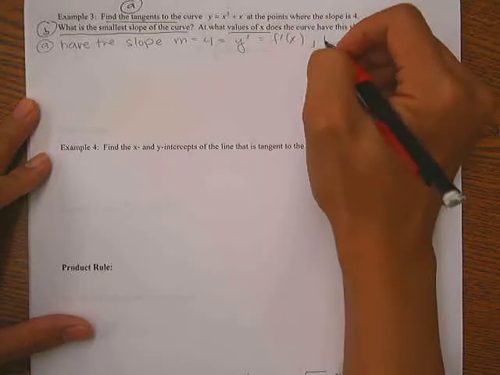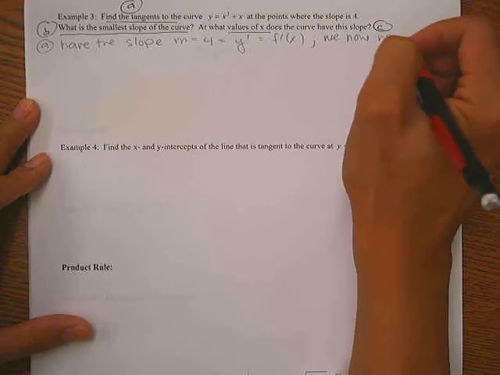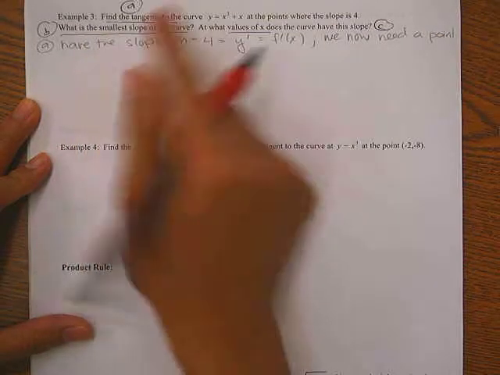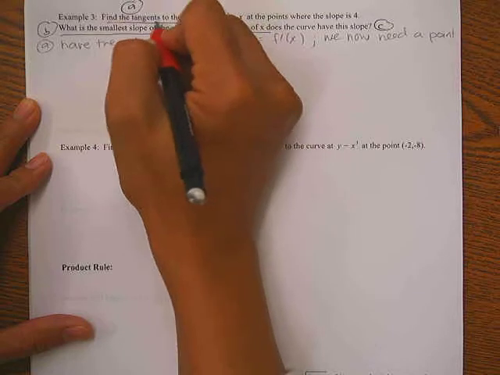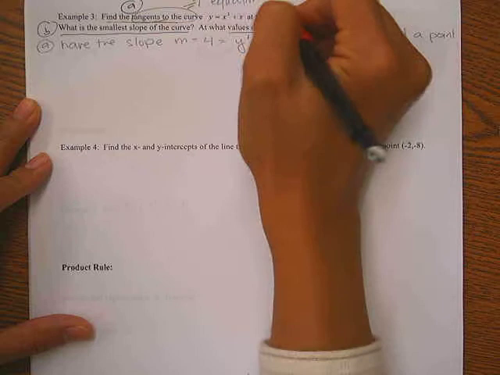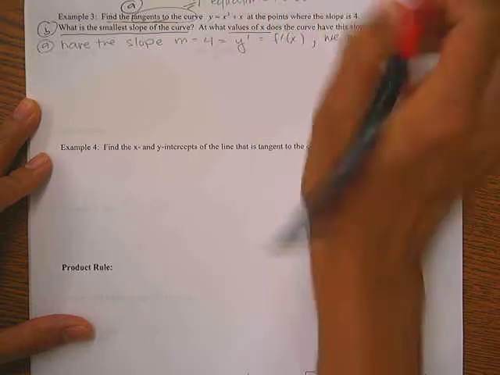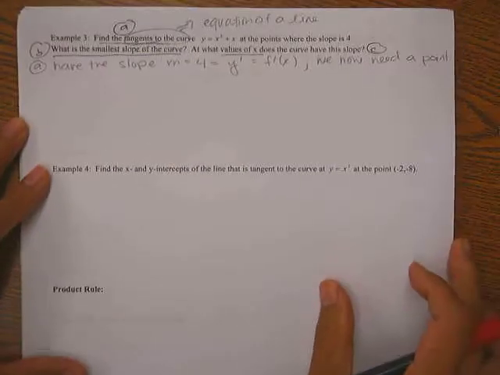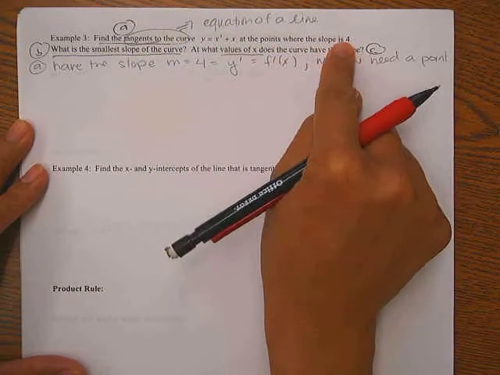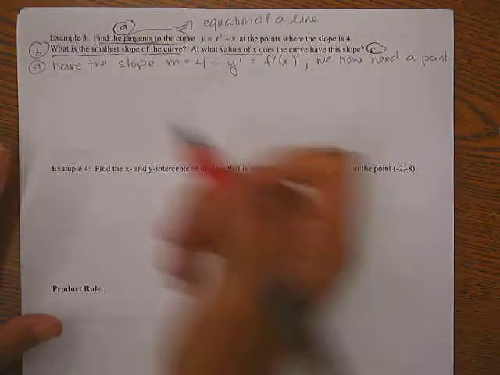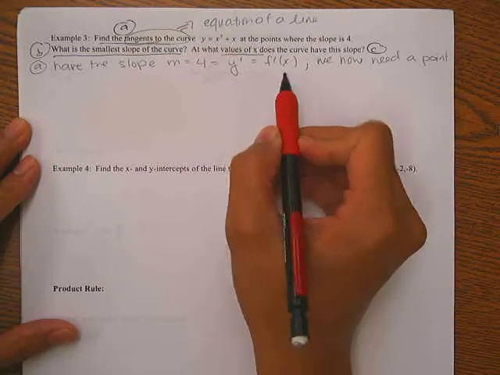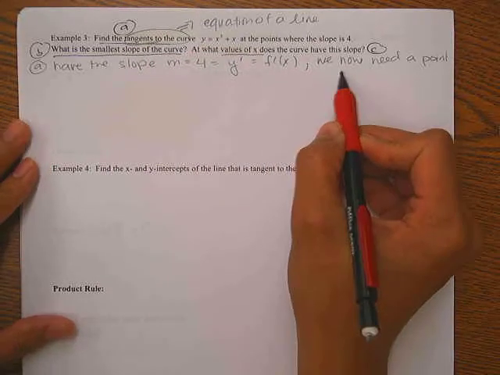We now need a point, because to find the tangent to the curve means you're going to write an equation of a line. In this case we know it's a line because it's given us a slope. So we have the slope of m equals 4, which is the same thing as y prime, the derivative with respect to x. We now need a point.